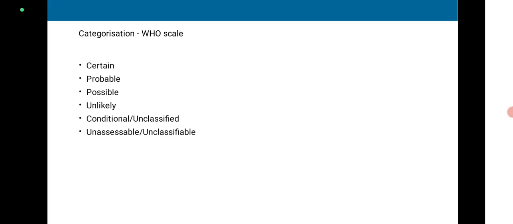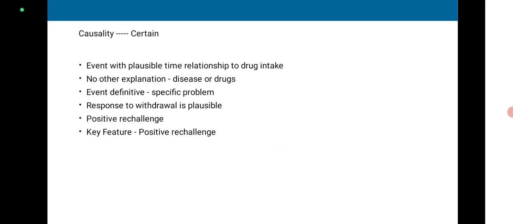The WHO scale classifies ADRs into different categories including certain, probable, possible, unlikely, conditional or unclassified, and unassessable or unclassifiable. The first causality is certain. If an ADR fulfils the following criteria, it is called a certain ADR. What are the criteria that need to be met?